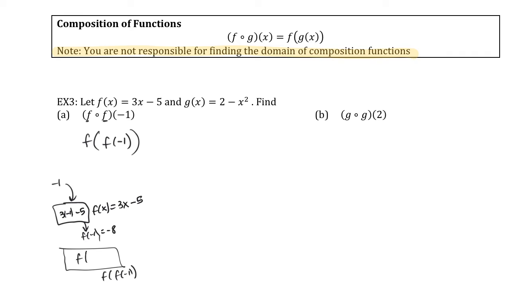That's now my input for the second f, which takes 3 times my input and subtracts 5. So negative 24 minus 5 would be negative 29.